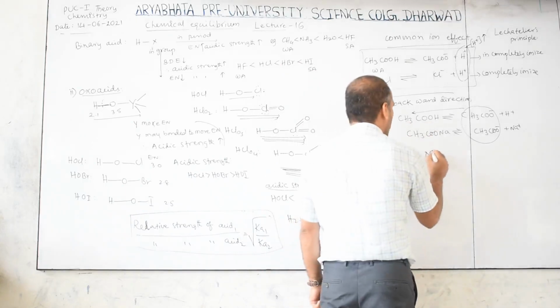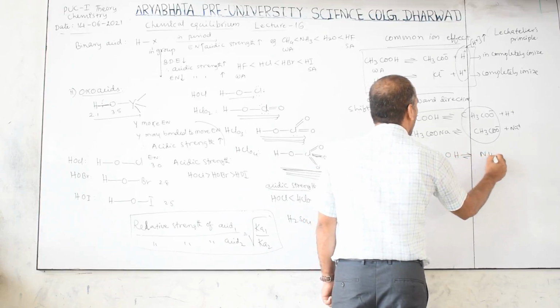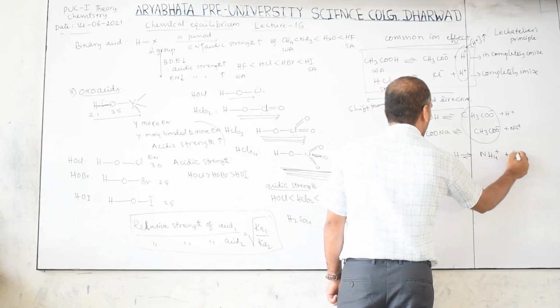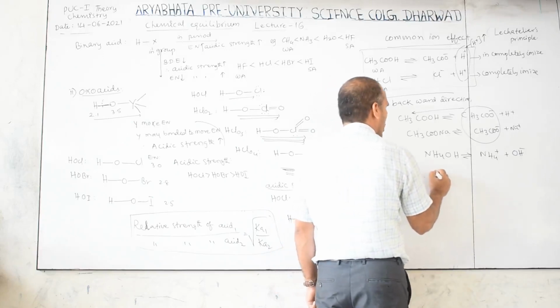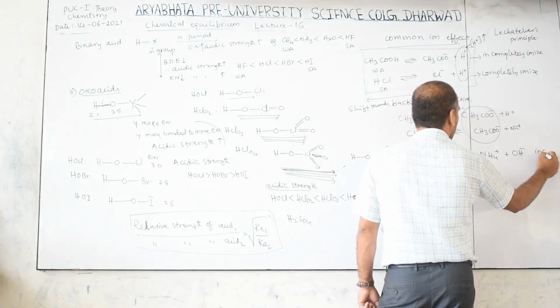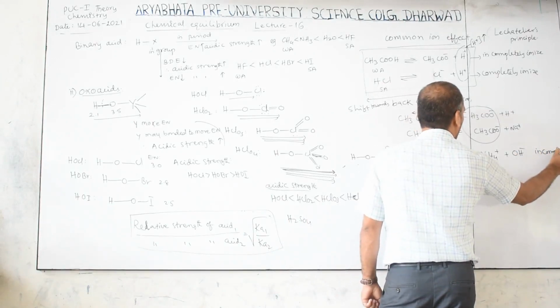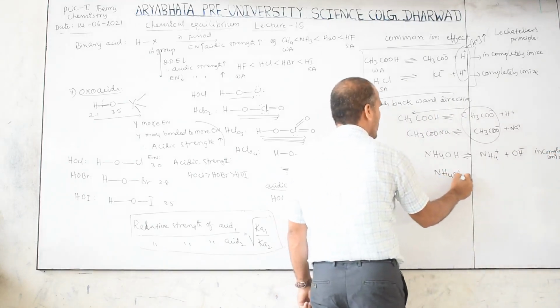Similarly for weak bases, NH4OH is a weak base, we know already. It is ionized into NH4 plus and OH minus. To this, someone adds a strong electrolyte which contains a common ion. Here it is incompletely ionized, and this is NH4Cl. This is a salt.